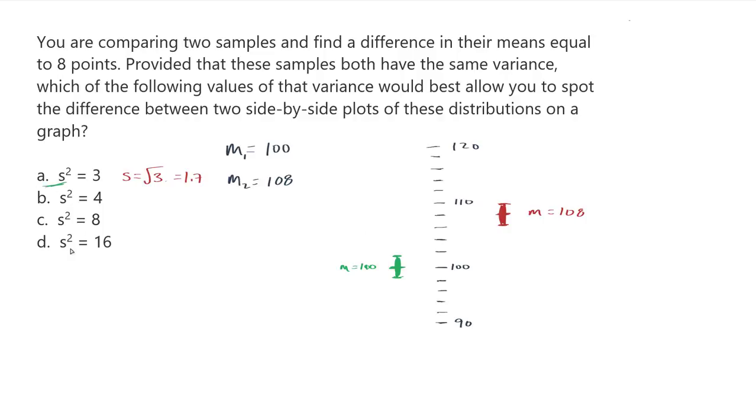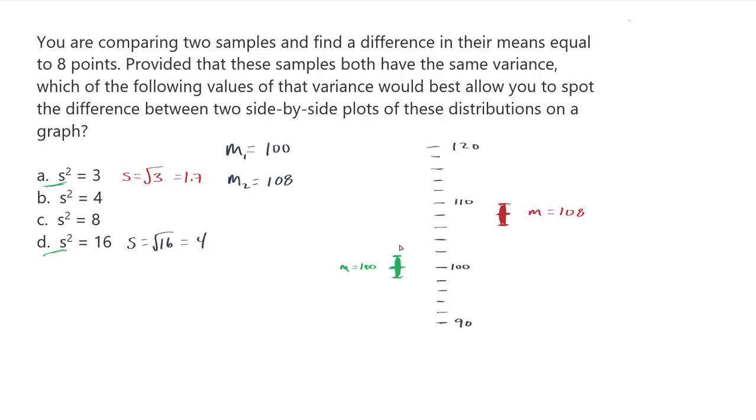What if I went to the other extreme and I went with D? If we look at this other extreme, a variance of 16, we take the square root the same way we did before to get the standard deviation. The square root of 16 is 4. Once again, the majority of scores are going to be within one standard deviation.